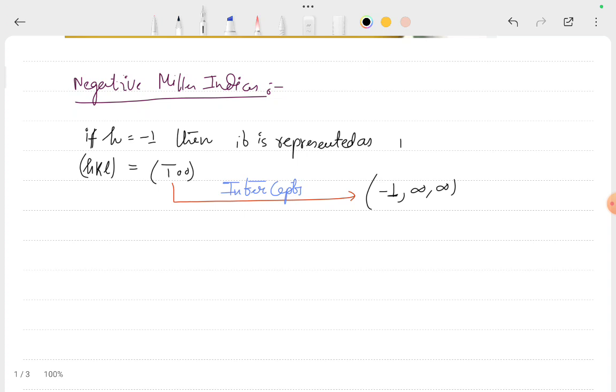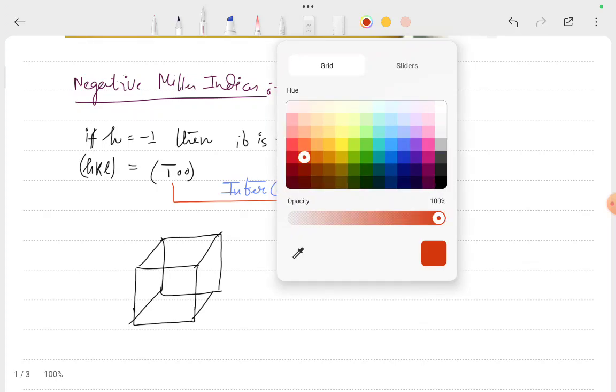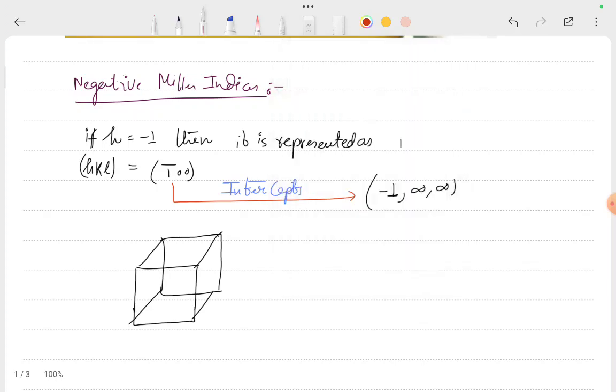First of all, we consider a cubic lattice. This cubic lattice has a coordinate system, and this coordinate system has its origin at that point.